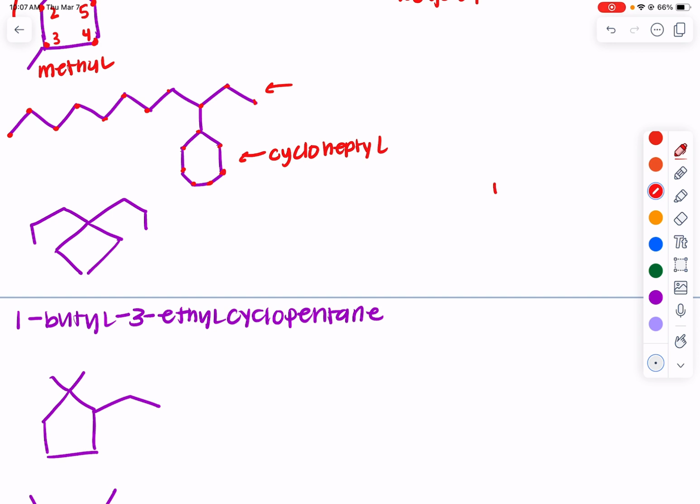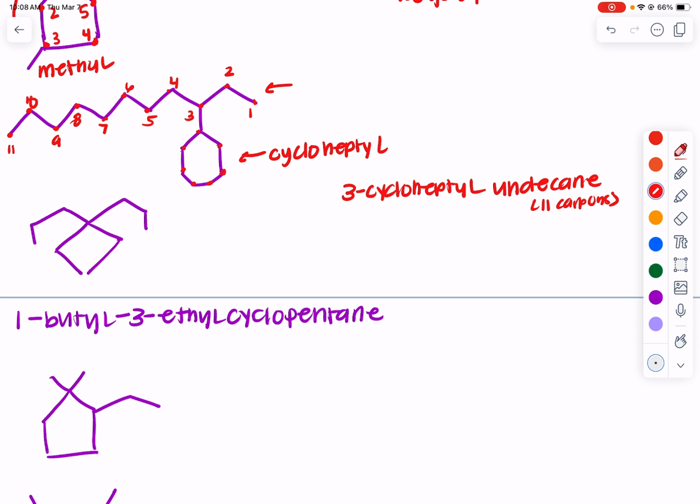So in order to name this, I'm going to name undecane with 11 carbons. And then if I go from left to right, my substituent lands on the lower carbon than if I went from the other way. So it's going to be 3 cycloheptyl undecane.